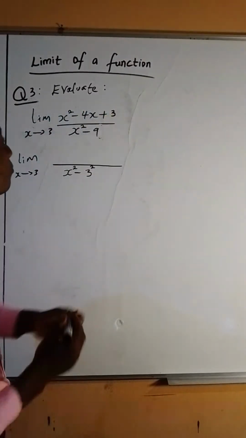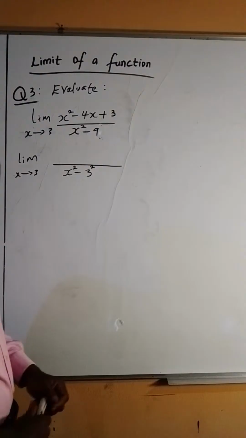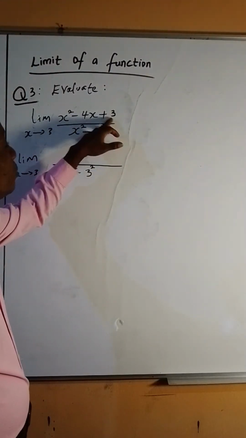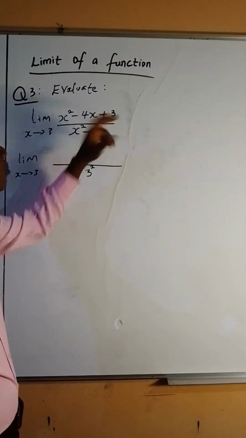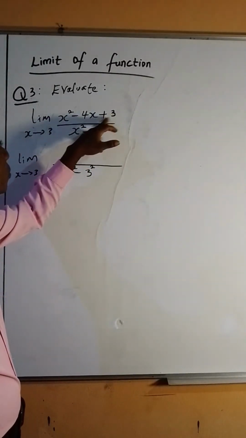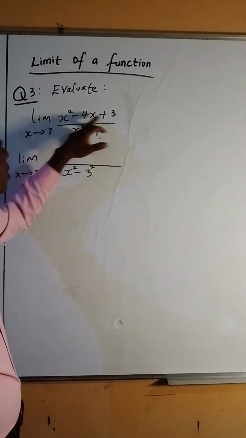Then for this, we are going to look for two numbers, just like we did in the live stream yesterday, that multiply to give us plus 3.